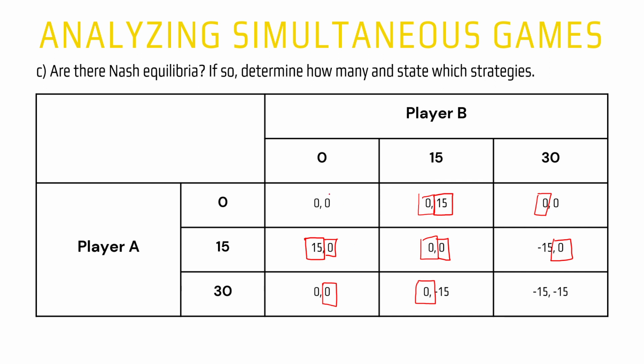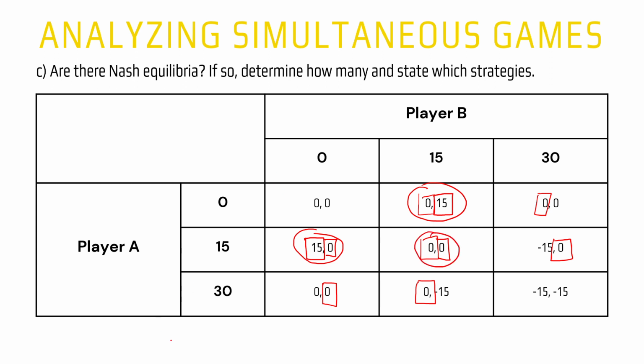So now that we have considered all of the strategies for both players, we look at which ones are the Nash equilibria. The ones with boxes for both players are the Nash equilibria. So in this case, it is the 0, 15; the 15, 0; and the 0, 0.